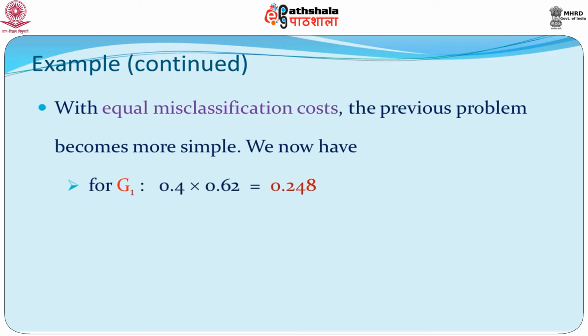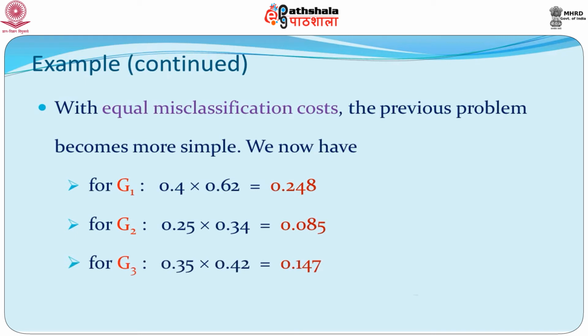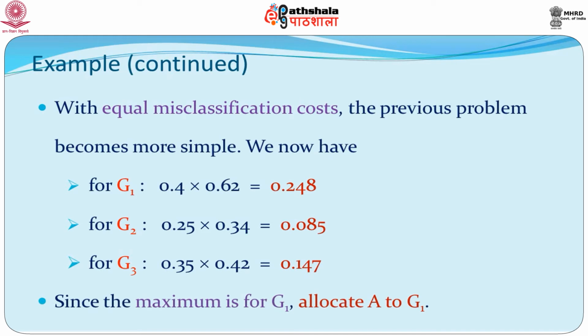So, we need to just calculate for G1 the probability of coming from G1 into the ordinate at x for G1, which is 0.62, and we get the value is 0.248. Similarly, for G2 we get this is 0.085, and for G3 we get this value as 0.147. And now we see that the maximum is for G1, which is 0.248, and hence we allocate A to G1.